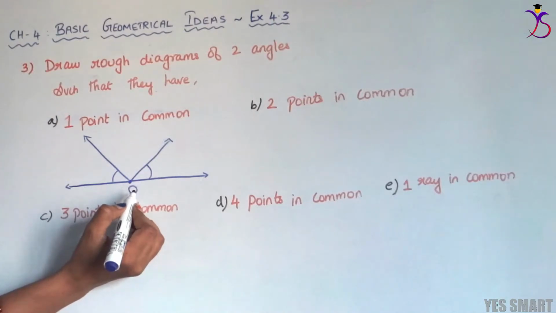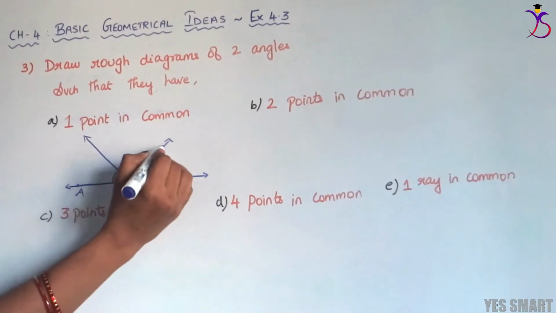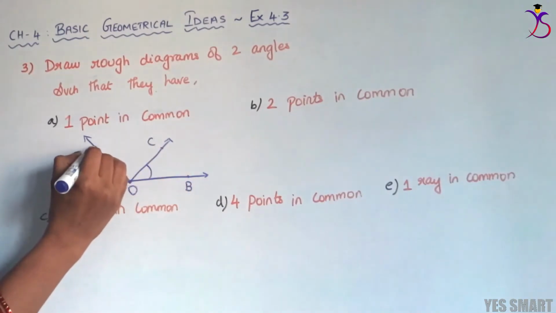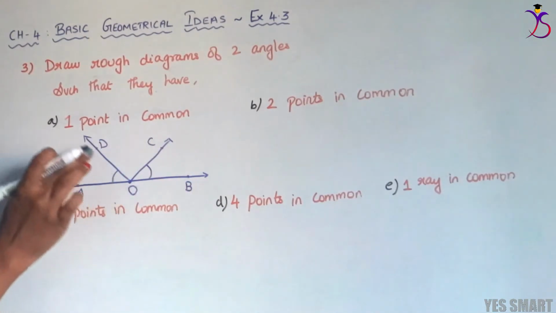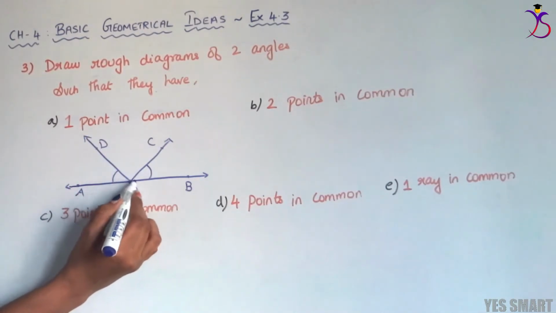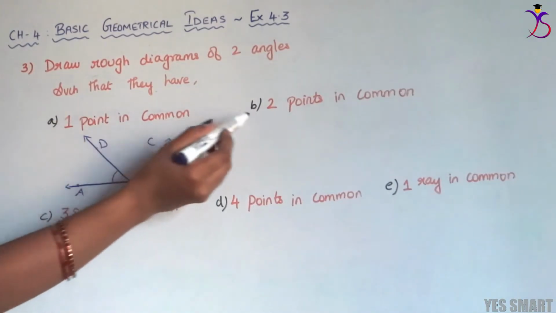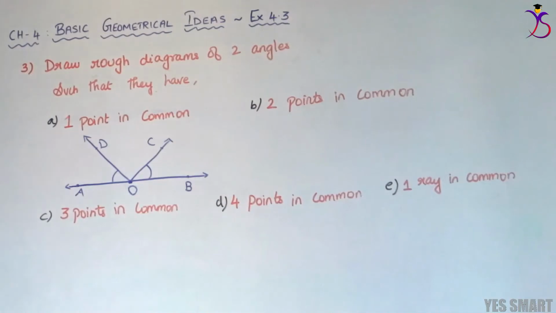Let's name the other points as well: A, B, C, D. Now for angle AOD and angle COB, we have only one common point, which is the point O. Now we are supposed to draw a diagram which has 2 angles and 2 points in common.